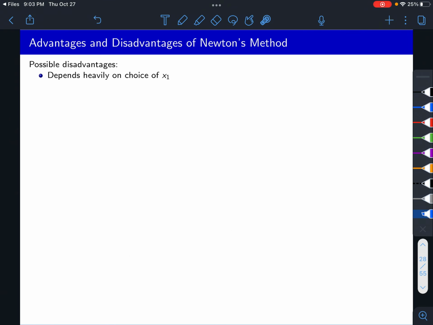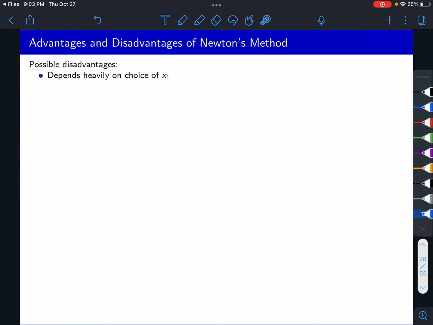Okay, so to summarize the possible disadvantages. This one I haven't really discussed too much, but maybe intuitively you can understand that our approximation depends heavily on the choice of our x1.